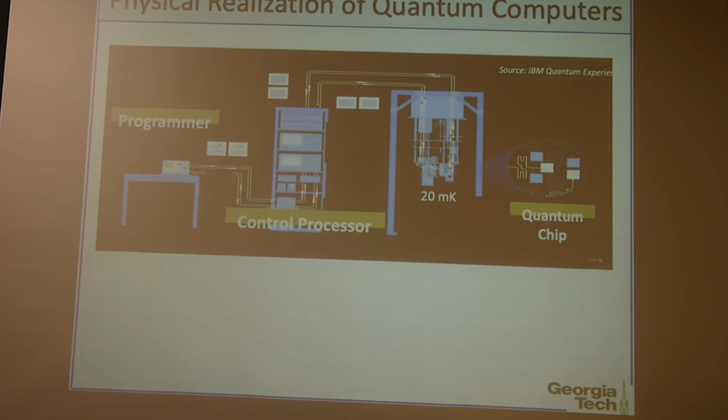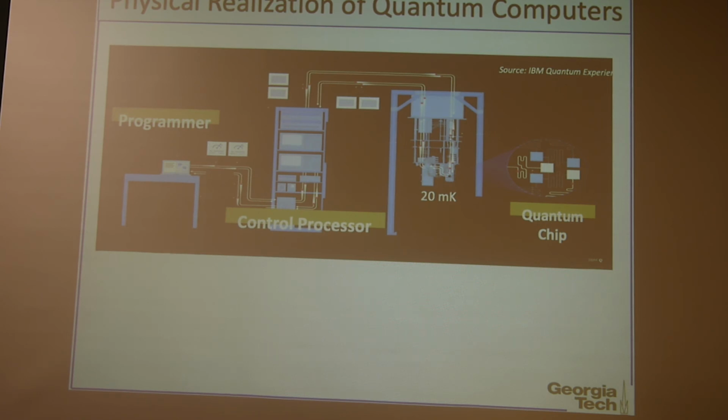Alright. But then the problem is that if someone is isolated, it's hard to interact with him. Right? If you have a shy person, he's very good at what he does, but it's very hard to interact with that person. A similar thing happens in a qubit as well. If a qubit can retain its information for a long time, it's very hard to program that qubit as well as get data out of it.